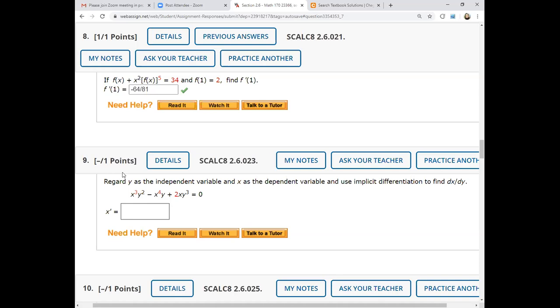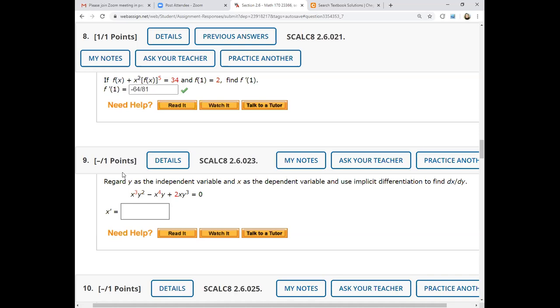Second function is y squared, right? So then the derivative of the first function, I'm going back to the first term. The derivative of the first function with respect to x is going to be 3x squared, okay?